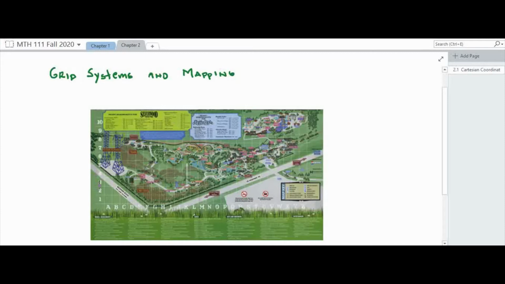You can see that some of the lines run horizontal and other lines run vertical. And the way the grid system works is, suppose you want to meet up with somebody at this crossroads.